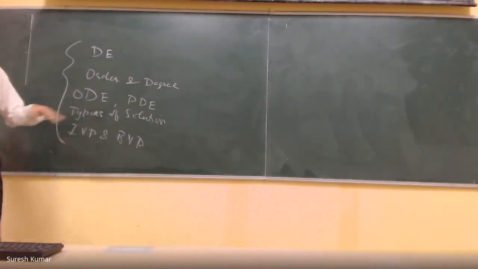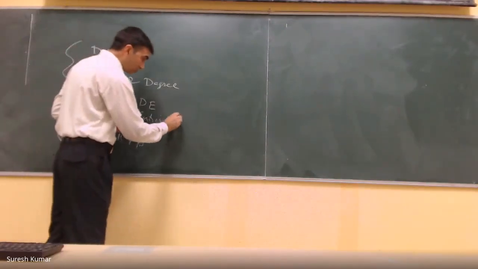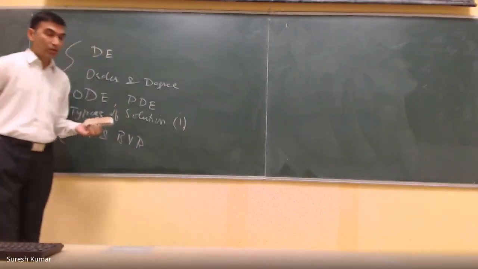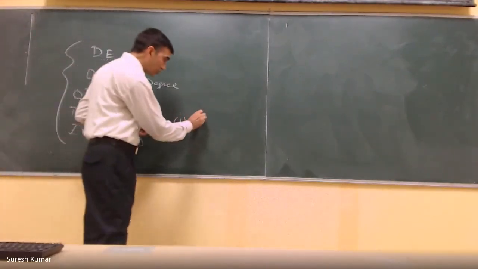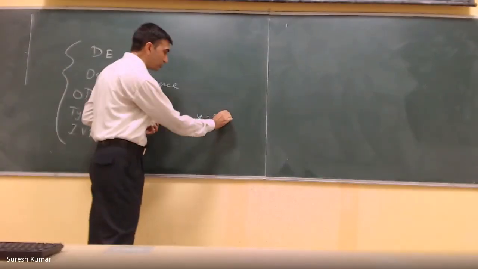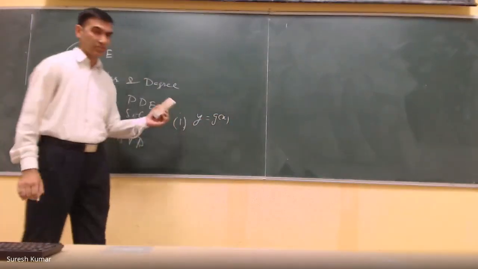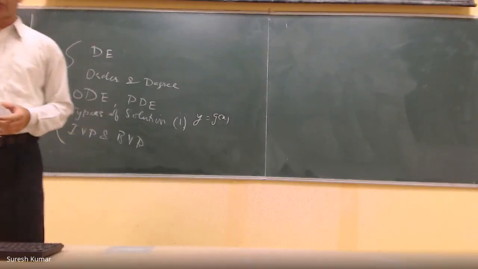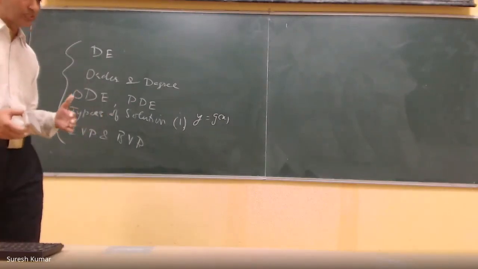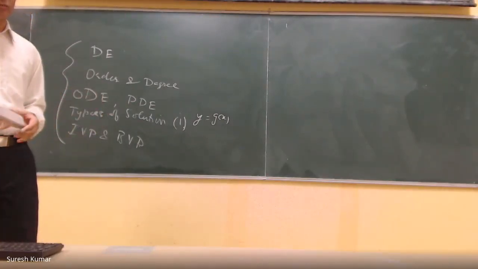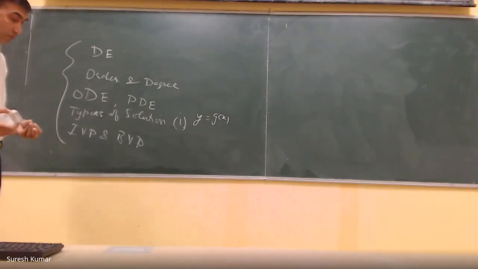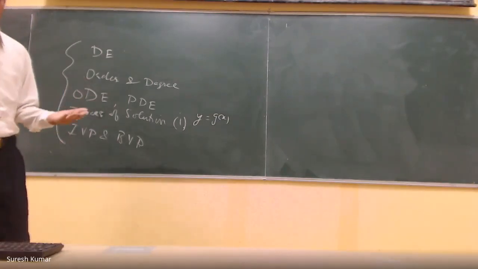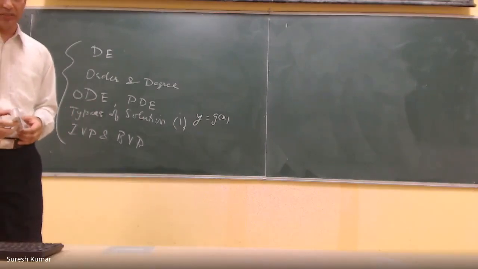What are the types of solutions? One by one, these you should know. First, explicit solution. What is that? A solution of a type where y is given explicitly in terms of x. An implicit solution is a solution that looks implicit but gives at least one explicit solution. Formal solution: there could be a solution which doesn't give any explicit solution.